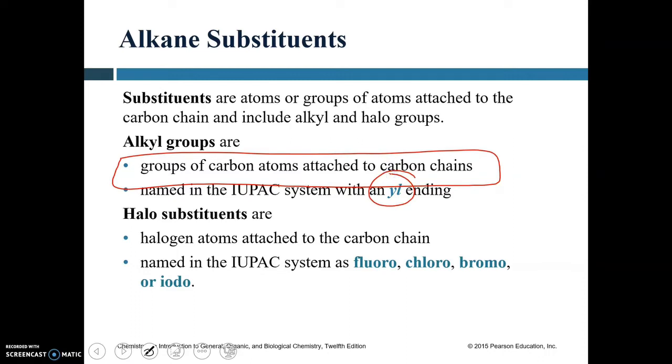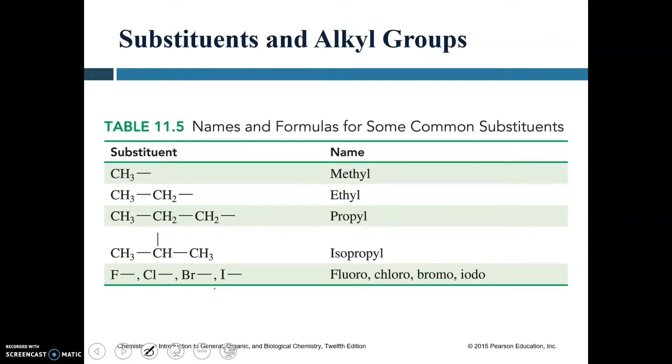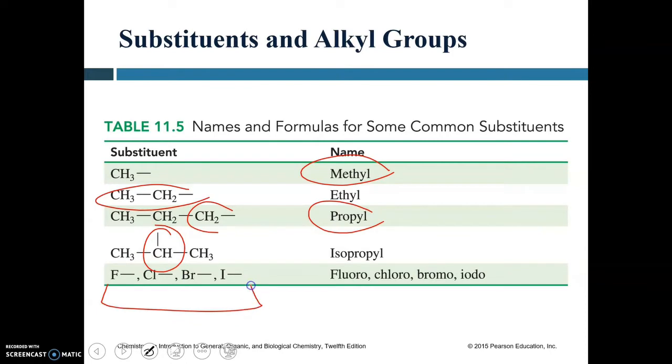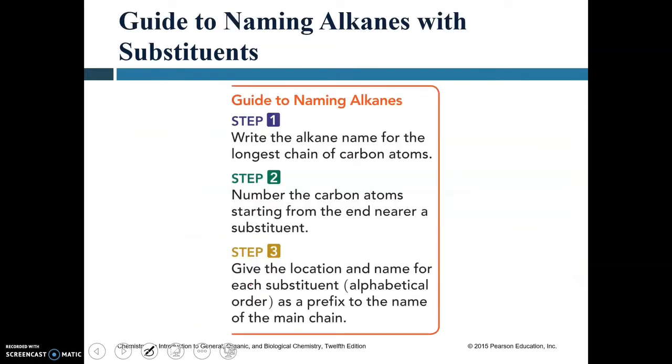Halo substituents are halogen atoms that are attached to the carbon chain, and they are named as fluoro, chloro, bromo, or iodo. So CH3 will be methyl. CH3CH2, ethyl. CH3CH2CH2, propyl. If the same propyl is bound to a carbon chain via the middle carbon, it's isopropyl. And here you have fluoro, chloro, bromo, and iodo.